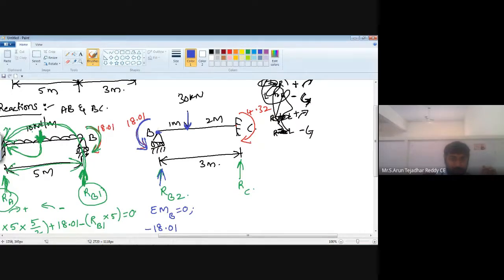Our moment about B is moving in this direction, so it is a clockwise direction. Consider positive, load is 30 kilonewton. What about the perpendicular distance? From the load to B is 1 meter. So 1.